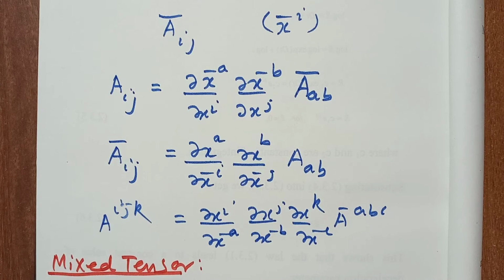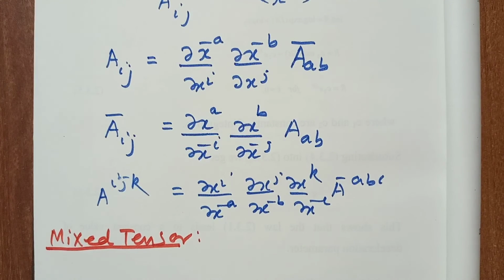Now the mixed tensor. It is clear from its name: mixed means the quantity contains both superscripts and subscripts, in upper position and lower position. What is the definition?